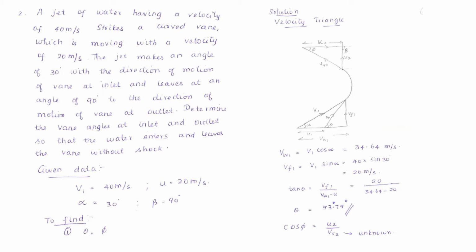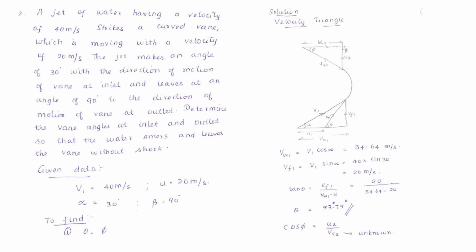How to find out Vw1? That is the horizontal component of V1, that is V1 cos alpha. What is Vf1? Vf1 is the vertical component of V1, that is V1 sin alpha. They have given the value of V1 and alpha. So you can find out the values for Vw1 and Vf1.